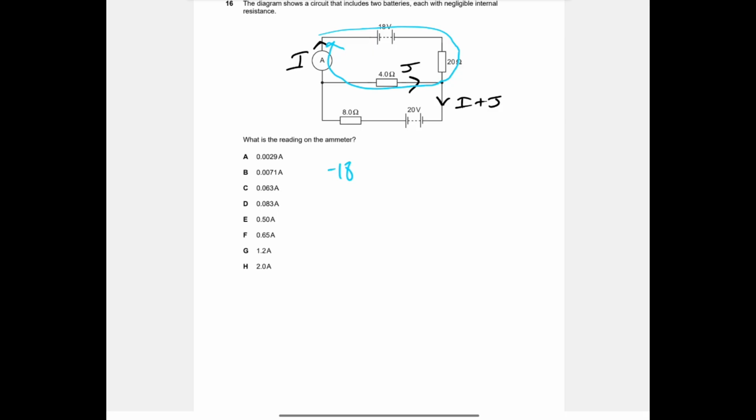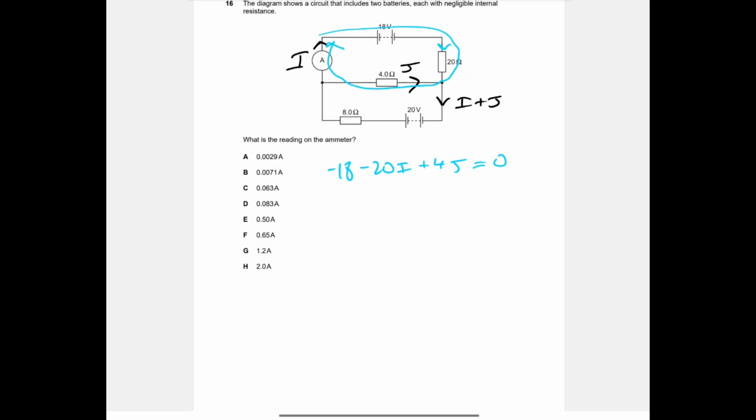So minus 18, and then minus 20i, because we're following the current across the 20 ohm resistor, and then plus 4j, because if we went with the current it would be minus 4j. But since we're going the opposite way to the current, we gain going across this resistor. We go up a voltage step. So all that's going to equal 0. Then let's rearrange that anyways. So that's one equation.